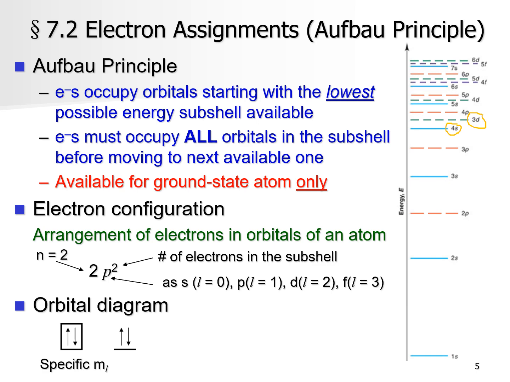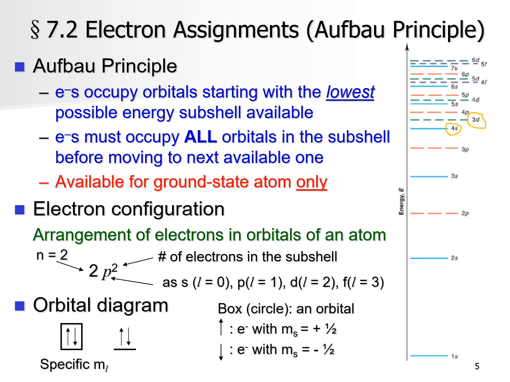So we can put 2 electrons, one with an arrow up and one with an arrow down. That indicates the 2 different spin modes. So that is the electron configuration in orbital diagram.